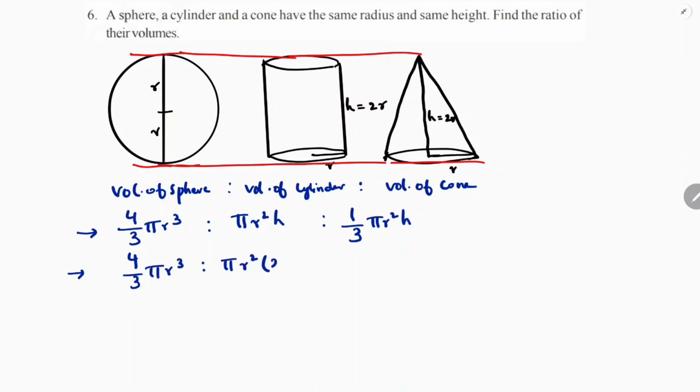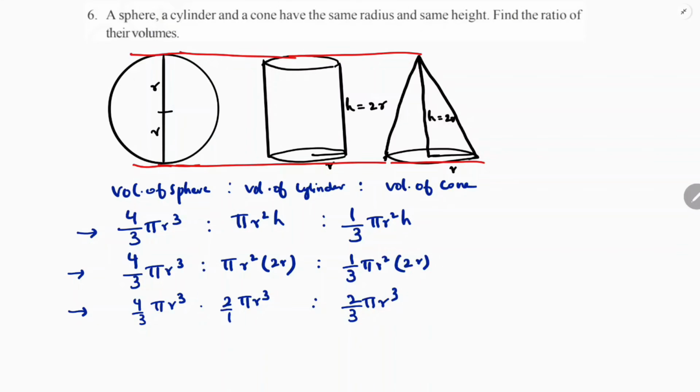Pi r square, in place of h I'll write 2r. 1 by 3 pi r square, in place of h 2r. So 4 by 3 pi r cube, 2 pi r cube, r square into r. 1 by 3 pi, 1 into 2 you can write 2, 2 by 3 pi r cube. So now here it is 2 by 1. So what I'll do is I'll write, see first one.